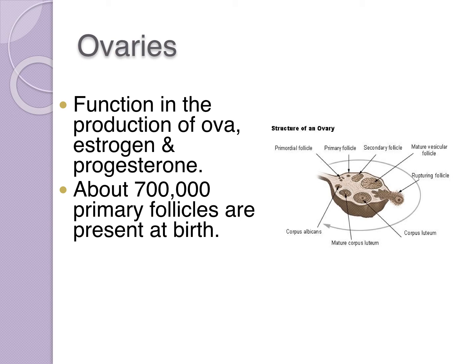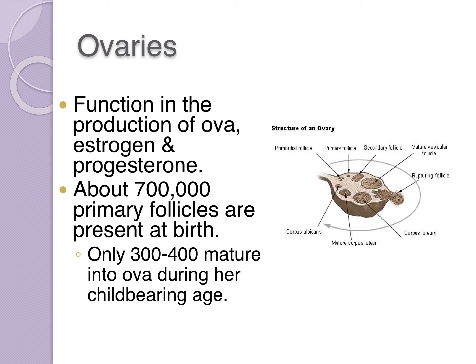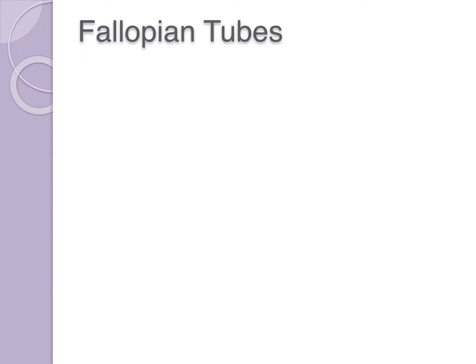However, no female is experiencing 700,000 periods, which means that only about 300 to 400 of those will mature into ova or egg during a female's childbearing years, which range from the start of puberty all the way to menopause, which is the end of the menstrual cycle.